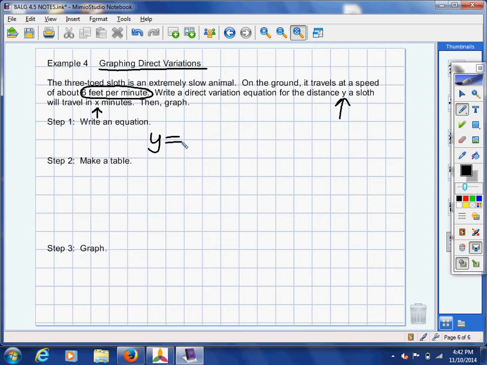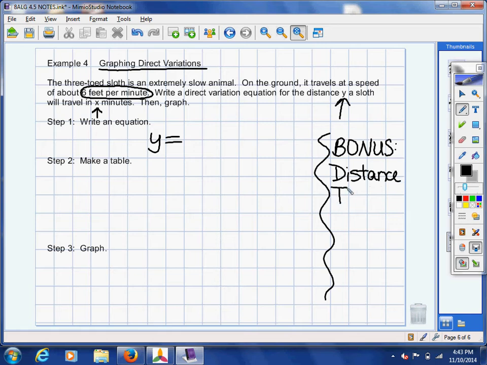So this is going to be yet another bonus opportunity. Oh, you are so lucky. Good for you. So let's do a little squiggle down the side of your paper. Actually, do it in the white part. I can't do it in the white part because on the board I don't have a white part, so do it outside of your graph. On the bonus, can you think of an equation that uses distance, time, because time in our example is minutes, and distance is y, minutes is x in this particular, and they gave us rate.